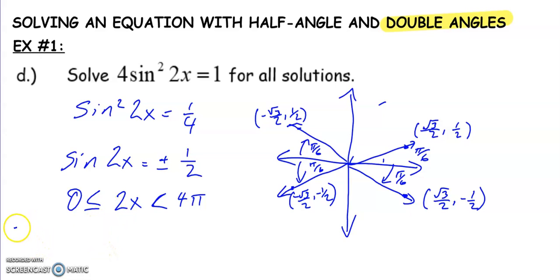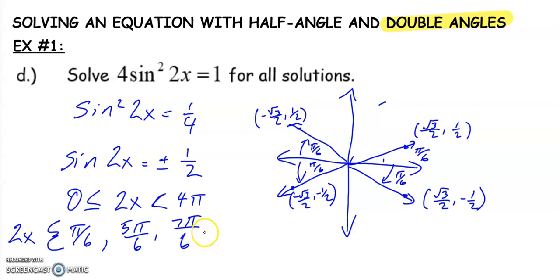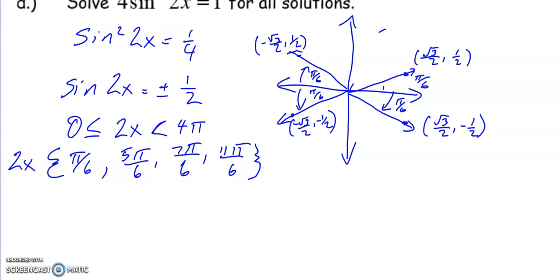Well, when we're doing the 2x, as you can see, we got pi over 6, 5 pi over 6, 7 pi over 6, and 11 pi over 6. Those are all the 2x's.